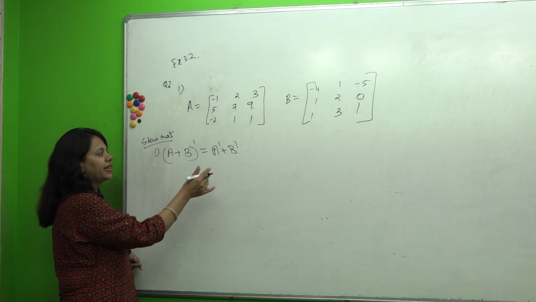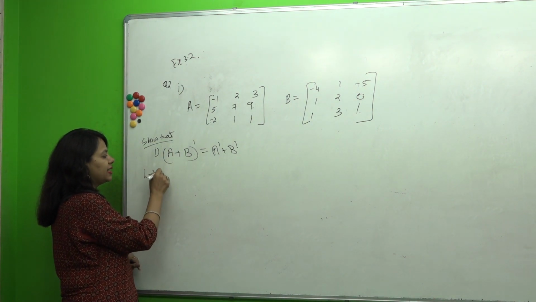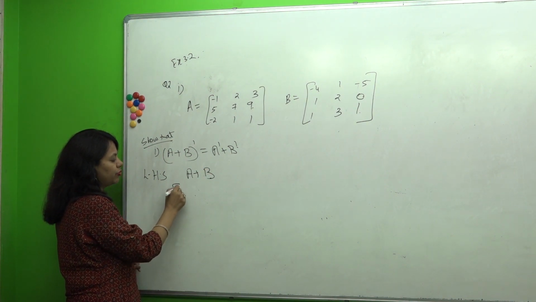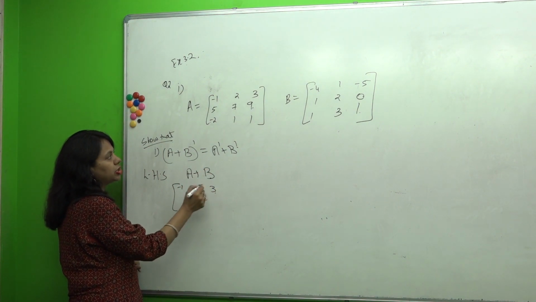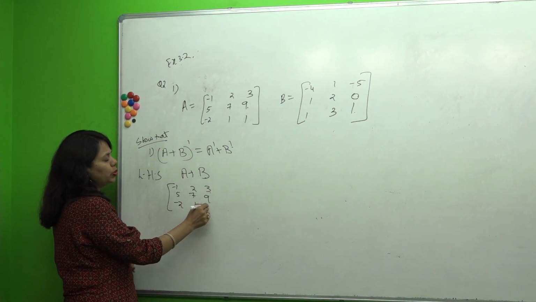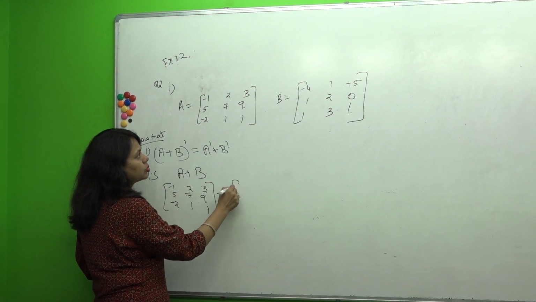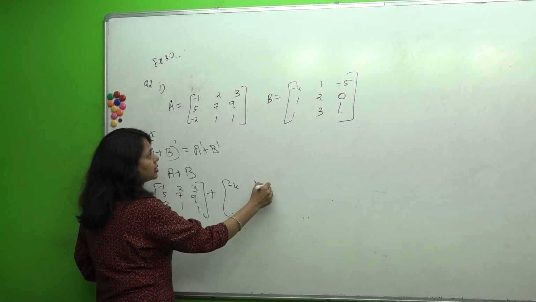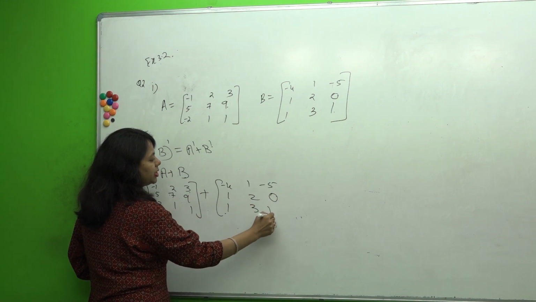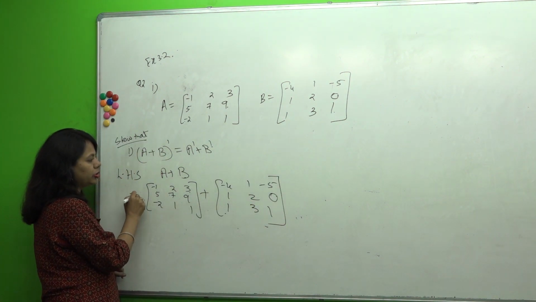So please do not directly start showing it. We'll take up the LHS first. So when I do A plus B, I have to perform normal matrix addition that we do. You remember how we performed matrix addition? We added the corresponding elements. So you can perform simple matrix addition. So what do you get from here?